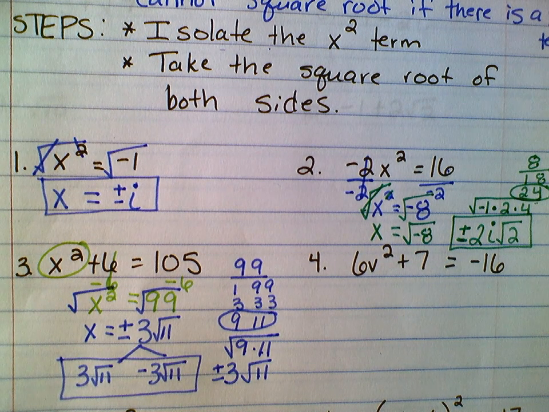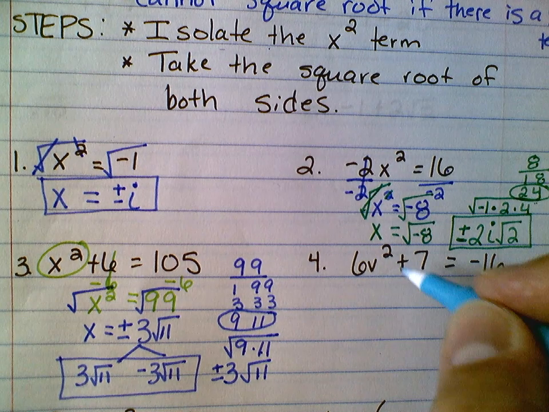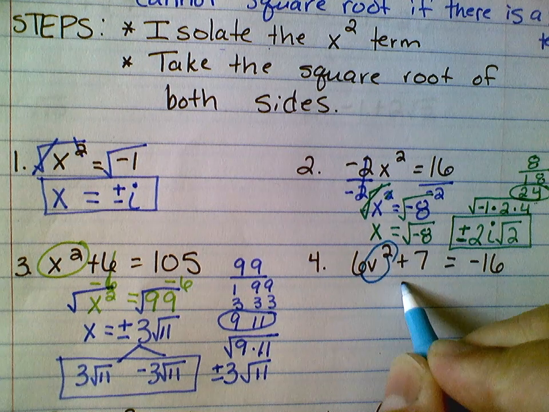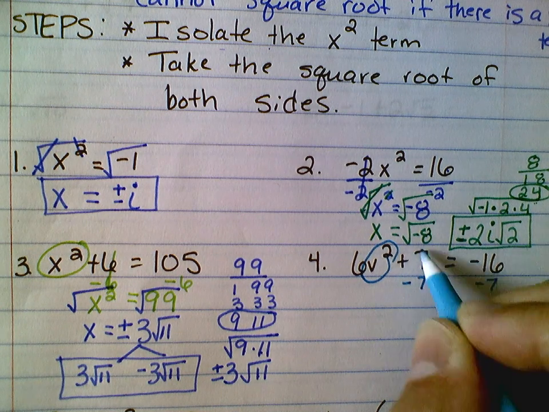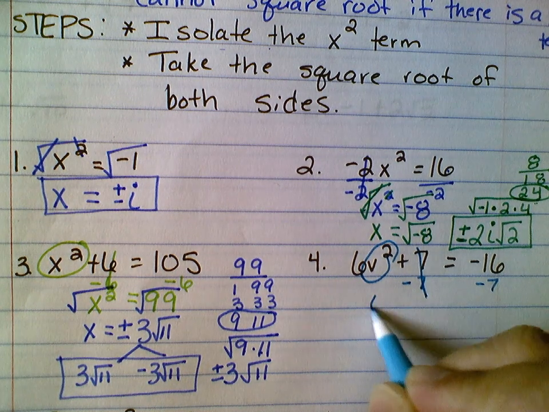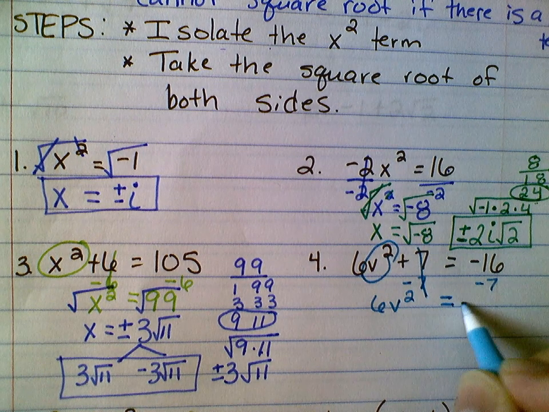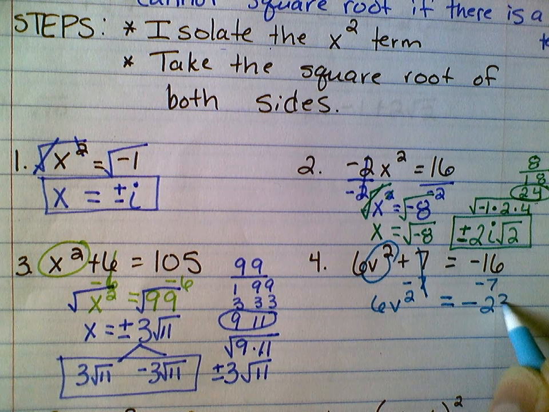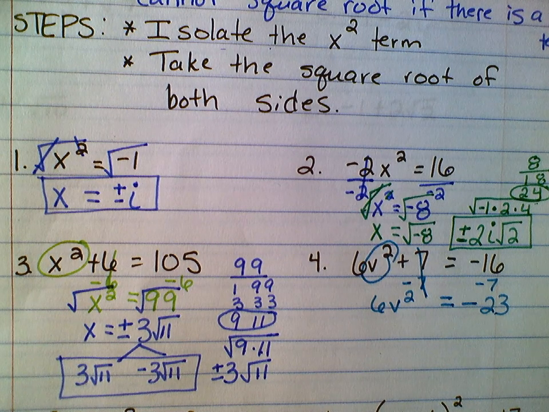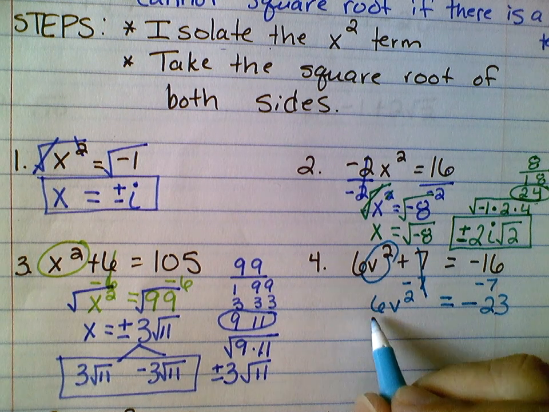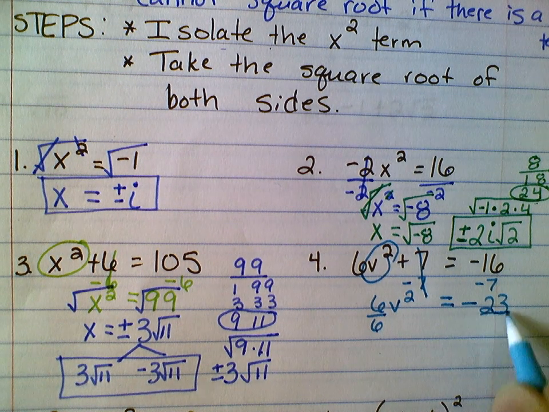All right, looking at number 4. To isolate this x squared term, I'm going to subtract the 7. That leaves me with 6b squared equal to negative 23. And then I will divide both sides by 6.